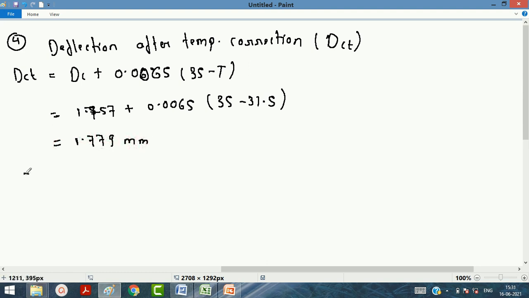Then the fifth step. In the fifth step we have to calculate the deflection as per the Benkelman beam test, that is H naught.